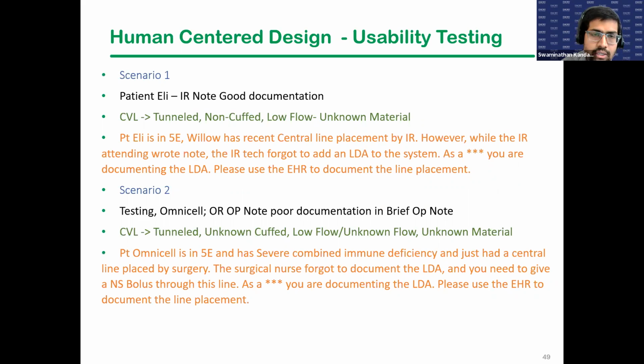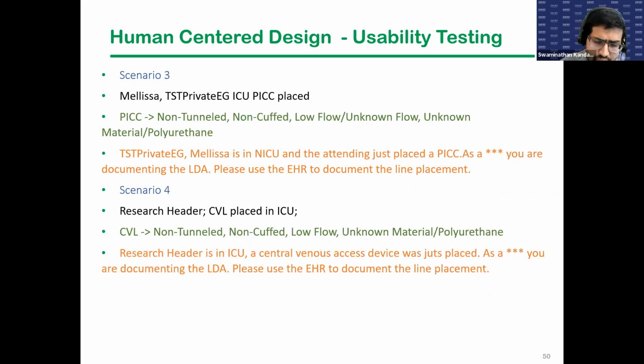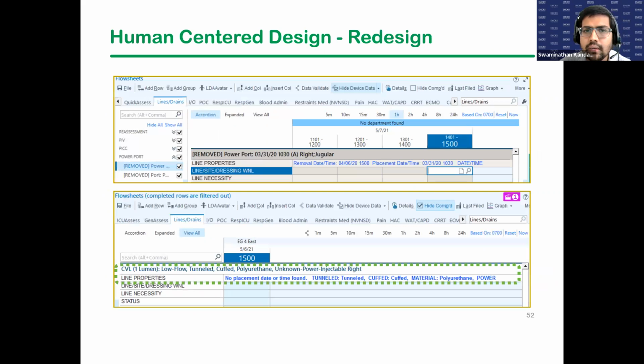Then the nurse may have to go back to the line placement note and look for the documentation. If that documentation is good, they can grab that information, but they still have to search through it. So we came up with multiple scenarios to see how people would document. We observed, and then we created a prototype. We did these designs through rapid prototyping.